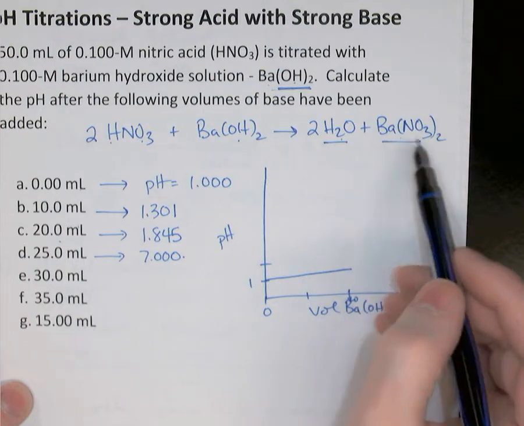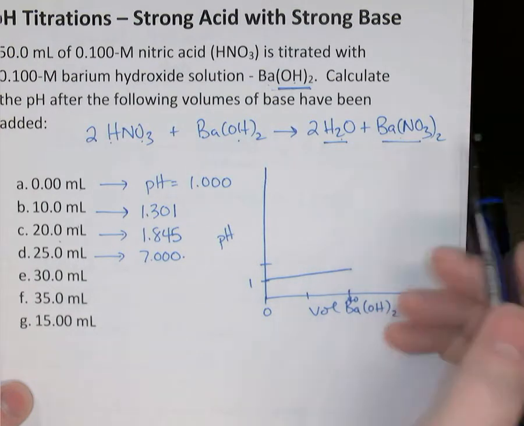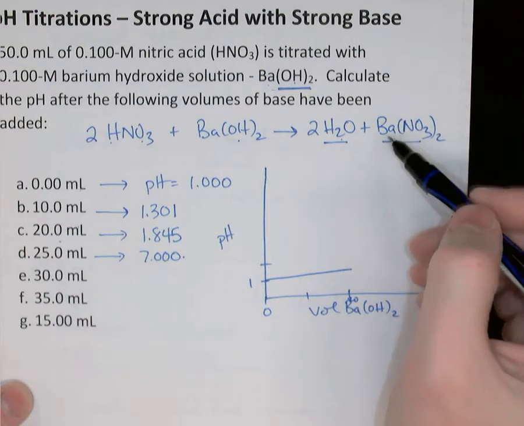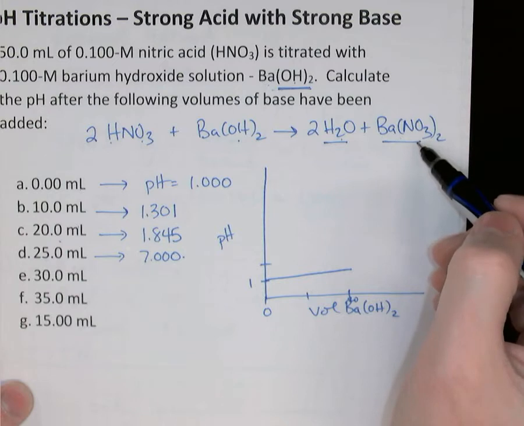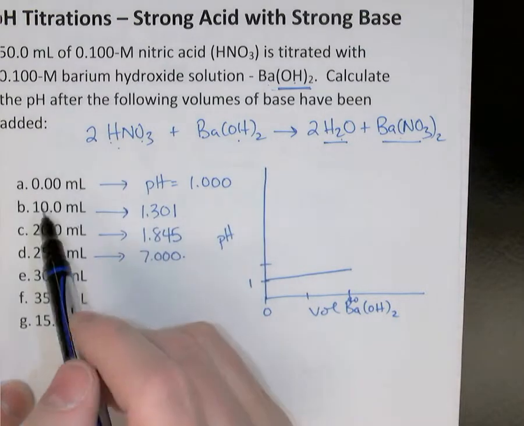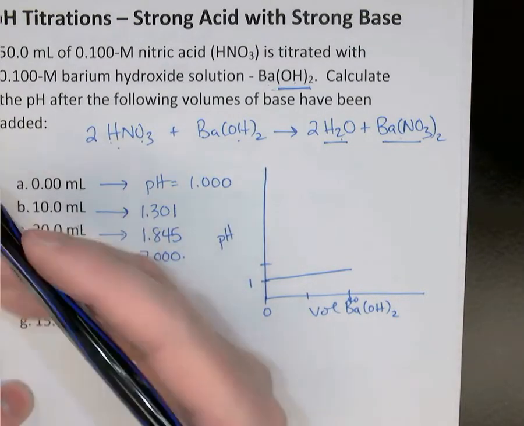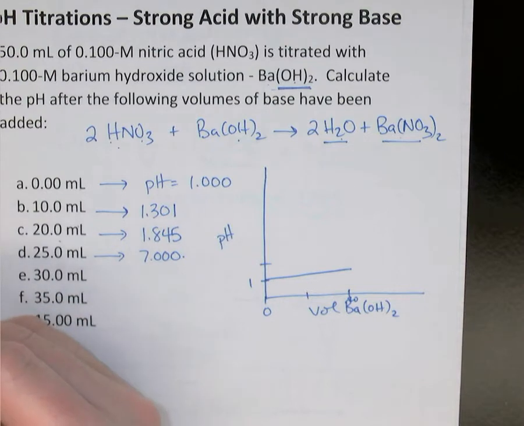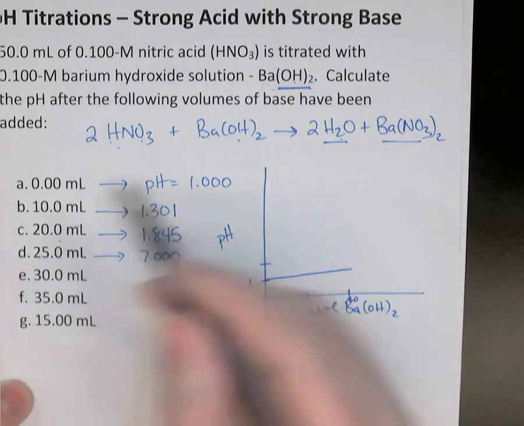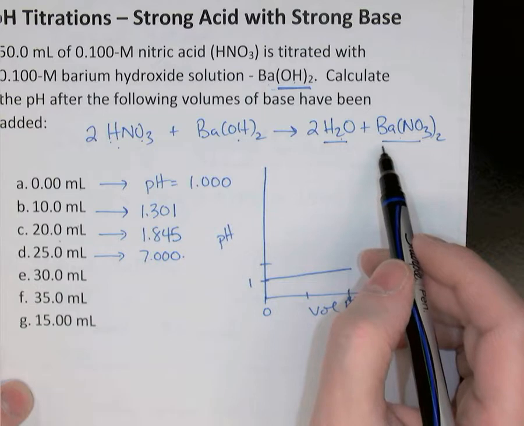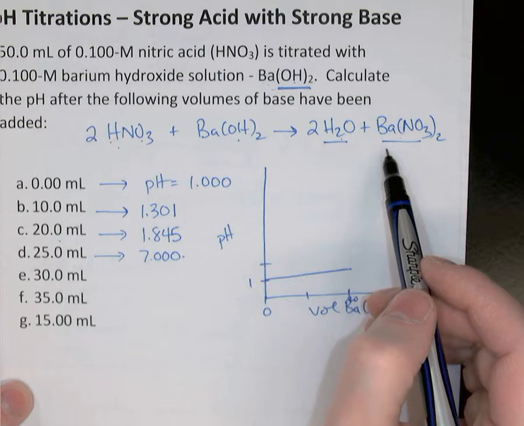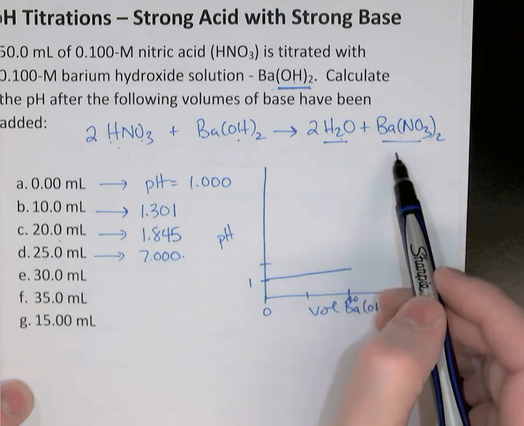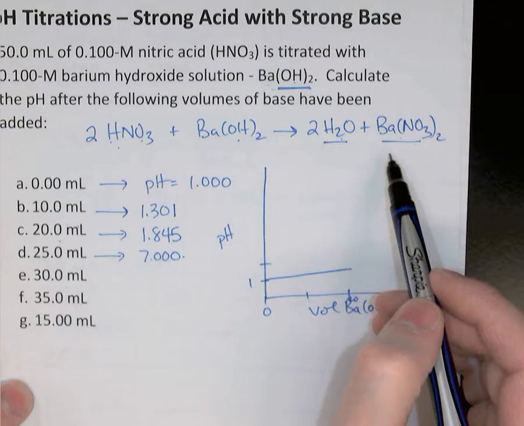And this salt, barium nitrate, if you stop and think about it, you'll realize it's a neutral salt. The barium cation does not affect pH, and the nitrate anion, although it is a conjugate base, it's the conjugate base of a strong acid. And we know that the conjugate base of strong acids is so weak that it essentially does not affect pH. So the pH at the equivalence point for any strong acid, strong base titration will be neutral. And that's because the salt produced in this reaction is a neutral salt.